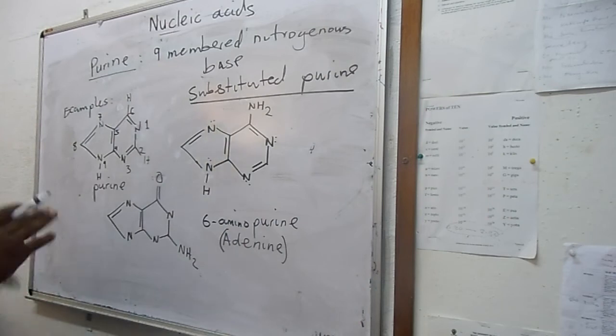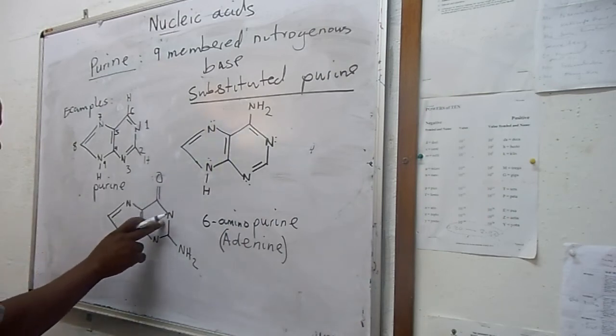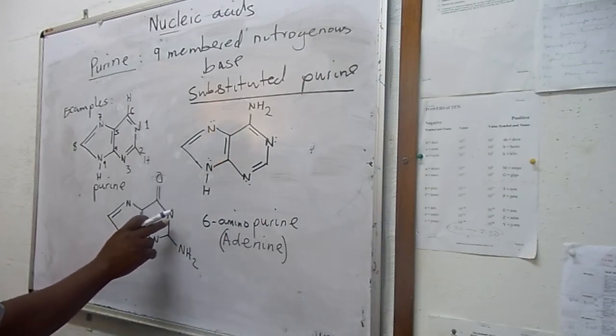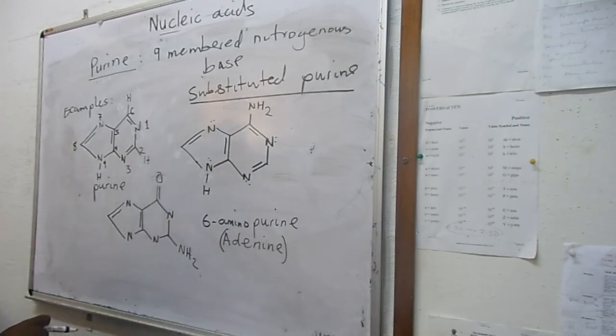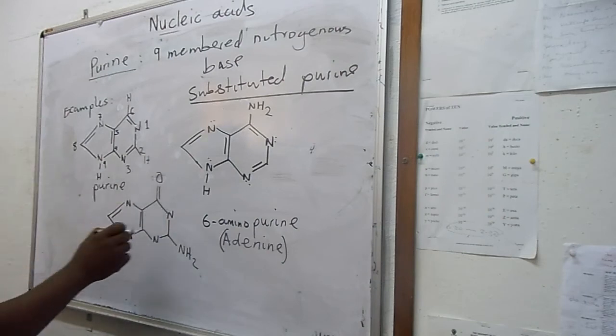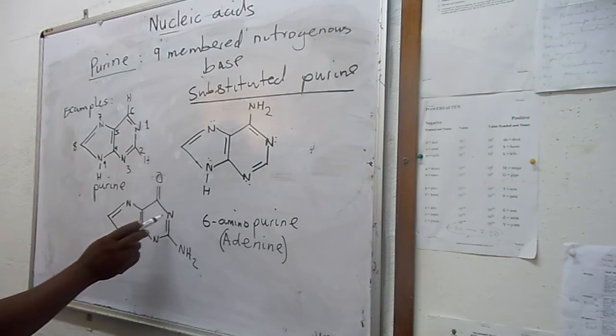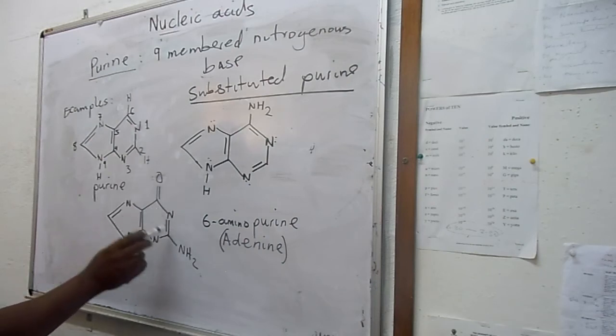I balance off the valences. This carbon has 4 already. This nitrogen must have 3. So if I put a double bond there, then this nitrogen has 4. That's 3 now, 1, 2, 3.